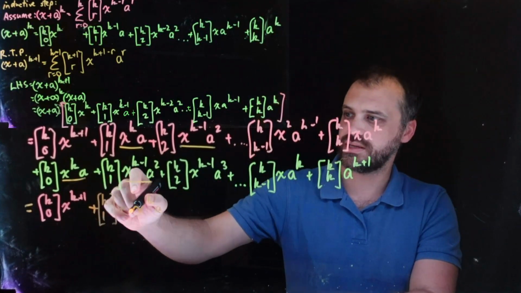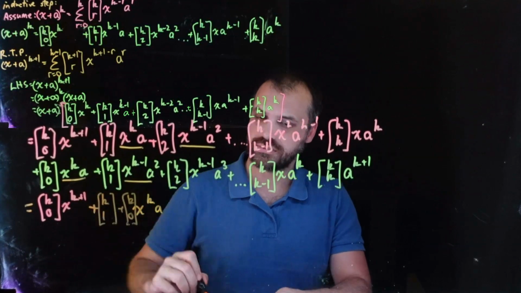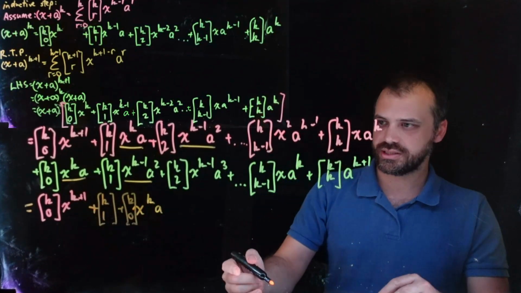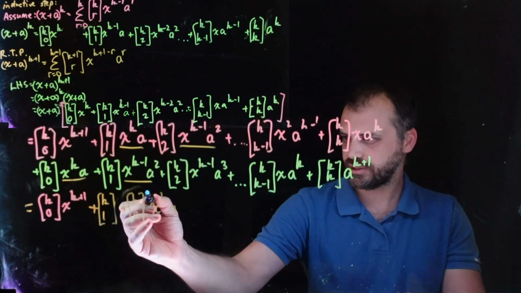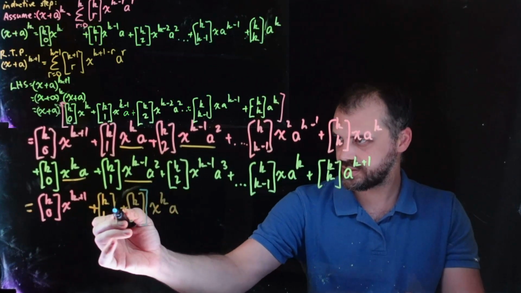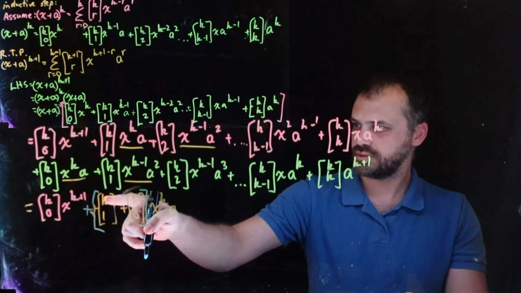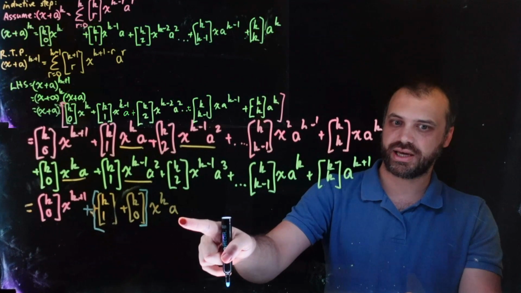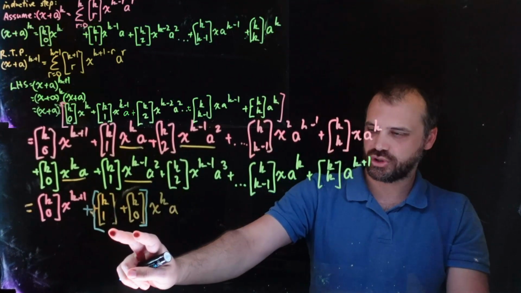But this one here is being multiplied by k choose 0. Right? And so we can say that this, new color to make it clear, those added together multiplied by x^k a.